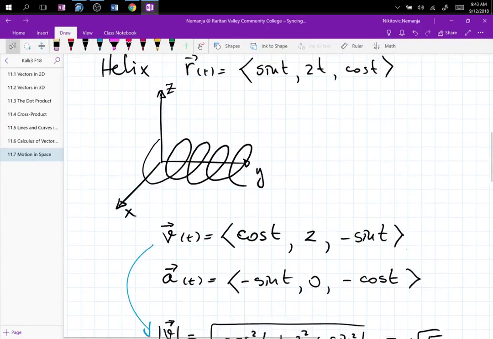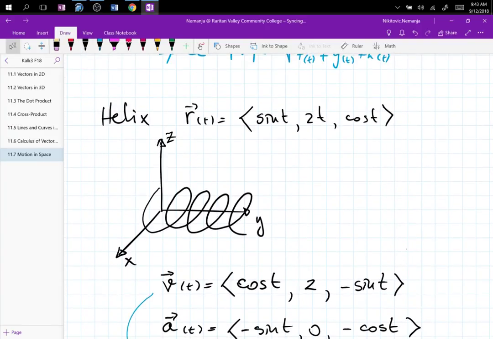I picked a helix that is not a standard helix. You are used to cosine, sine, and then t, because that is the basic helix of radius 1, rising linearly, speed 1 up. That's the most basic helix that you can have. What I decided is to wrap it around y by placing the linear term in the middle.